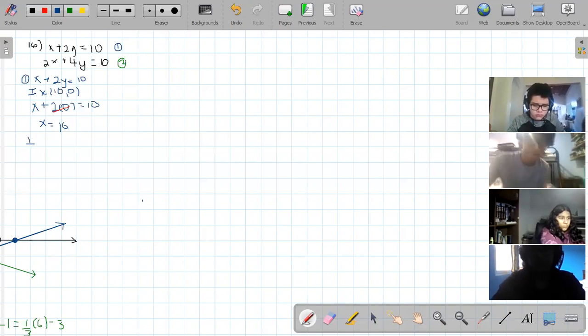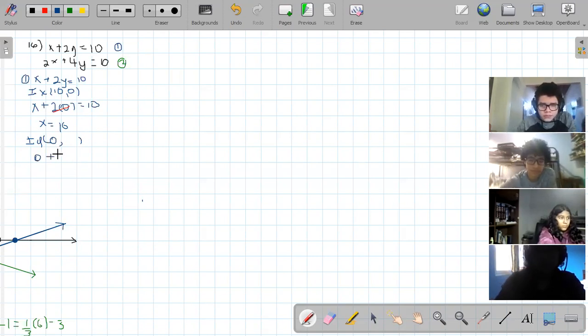Now the intercept in y. When x is 0, we look for y. So we got 0 plus 2y is equal to 10. I don't need this 0, so I can say 2y is equal to 10. The 2 is multiplying, passes to the other side, dividing.